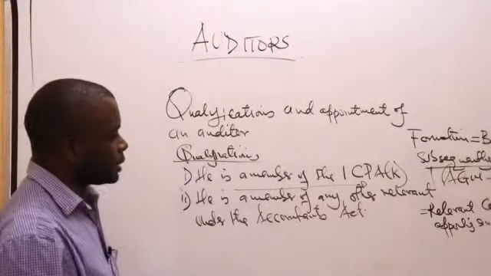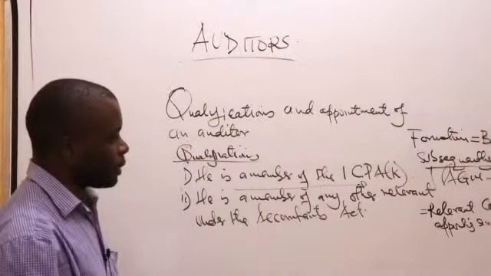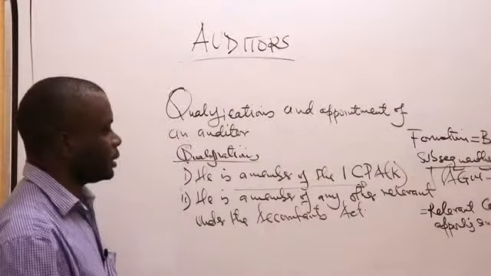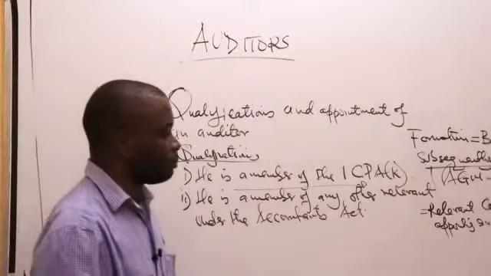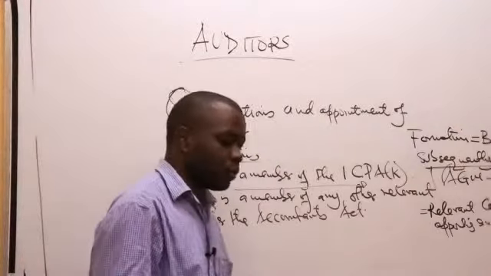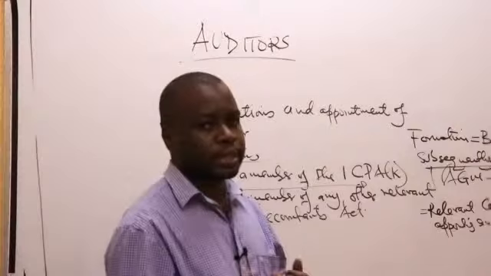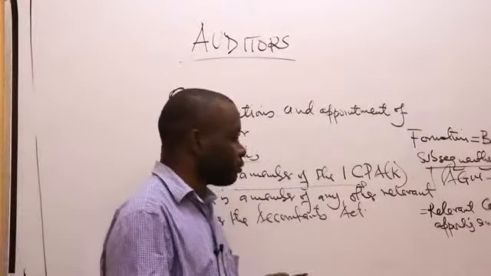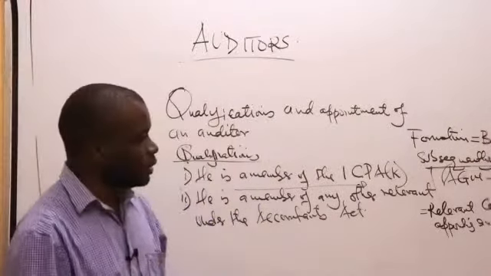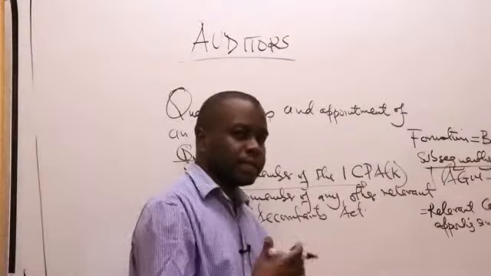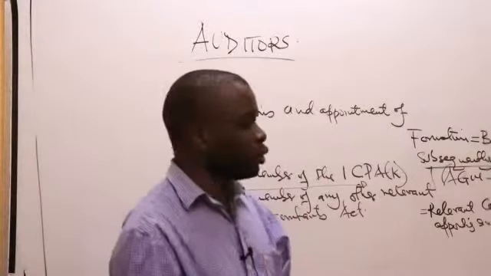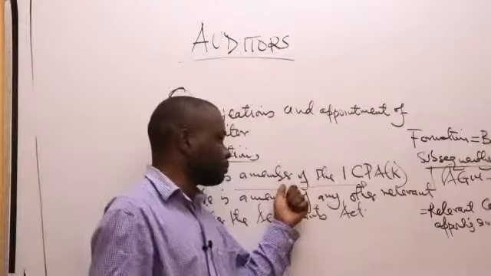Maybe he hasn't followed the professional requirements, for example, integrity, honesty, independence. ICPAK discovers that this auditor is carrying out his work without the required professional standards, and in such a case they could revoke his certificate of practice. So if he was serving as an auditor of the company, at the next AGM he's not qualified because his certificate of practice has been revoked.